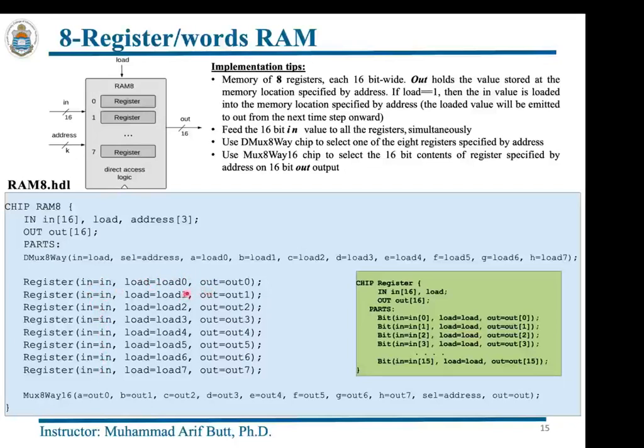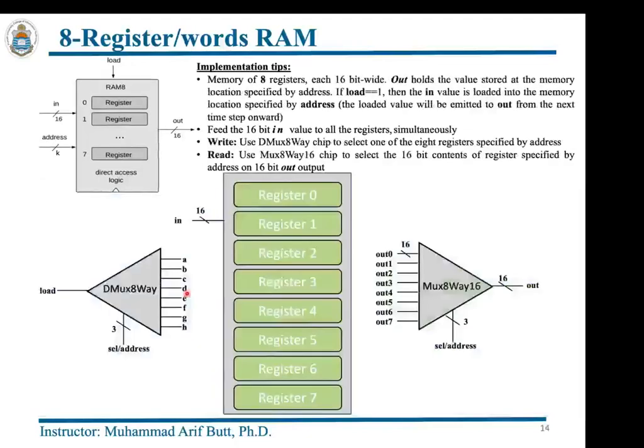To understand this, let me fall back to the previous slide. Over here, you see this 16-bit in is common to all these registers, while this single bit load input is supplied to any one of these 8 registers depending on this 3-bit address, or the selection bits of this 1 by 8 demux.